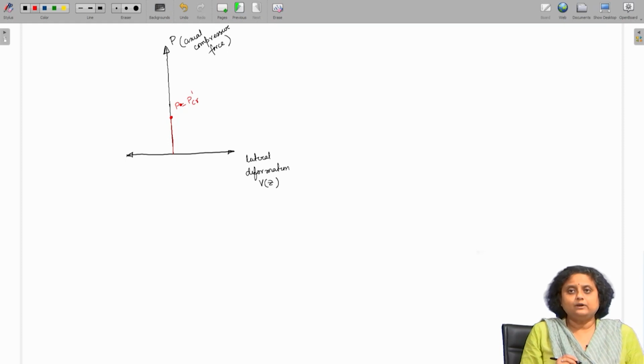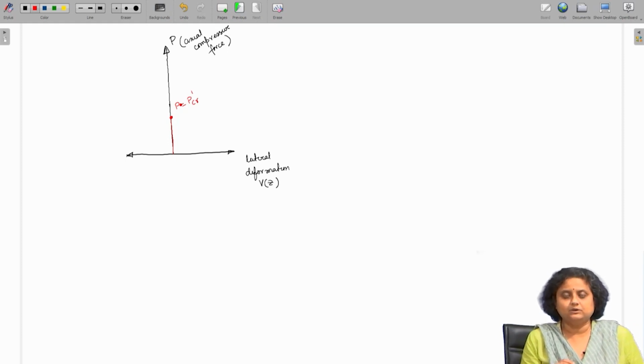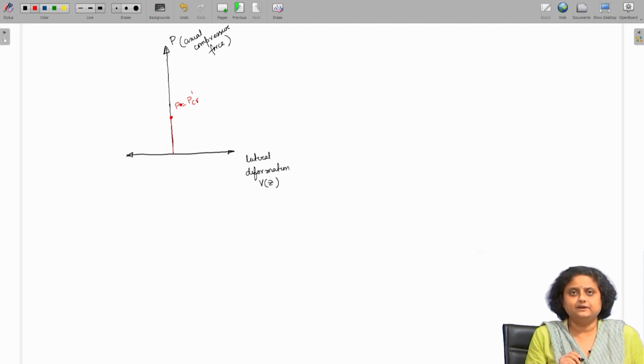If I keep on increasing the load applied in the axial compressive direction, the column is not going to deform. We are considering a perfect column. So, the column is not going to deform till P reaches P critical.